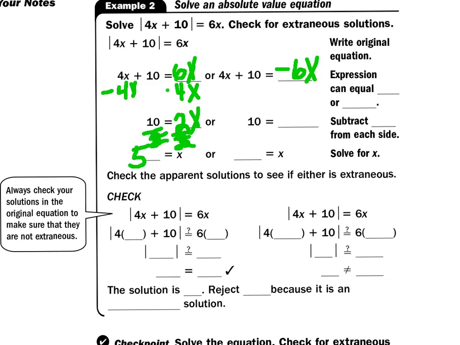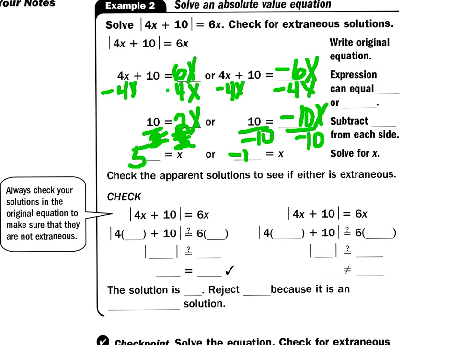Here. Or I'm going to go ahead and subtract 4x from both sides. Get 10 equals negative 10x, and x equals negative 1. Now, I need to make sure they both work.